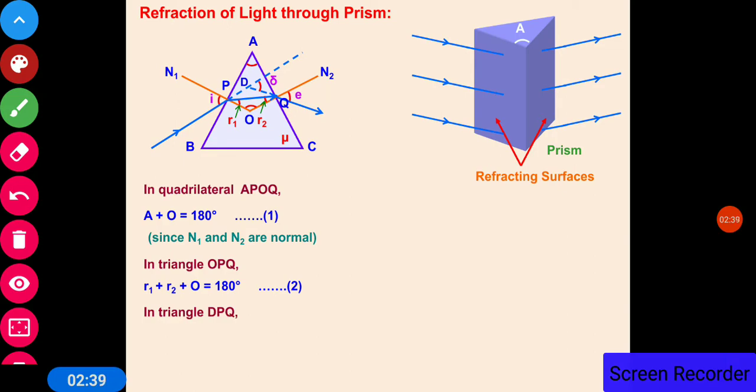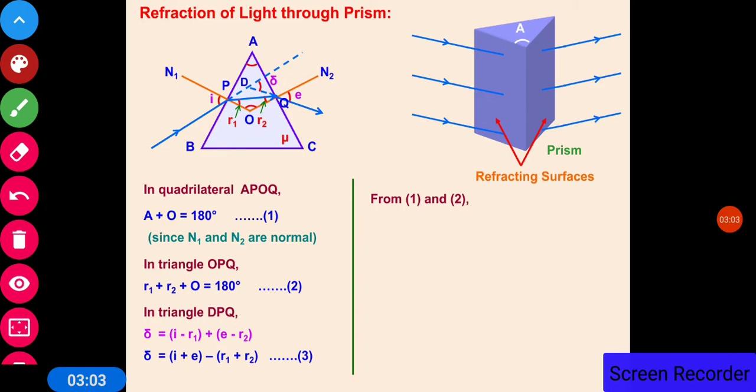In triangle DPQ, using the exterior angle theorem, exterior angle del is equal to the sum of the two interior angles, that is I minus R1 plus E minus R2, or we can say del is equal to I plus E minus R1 plus R2.